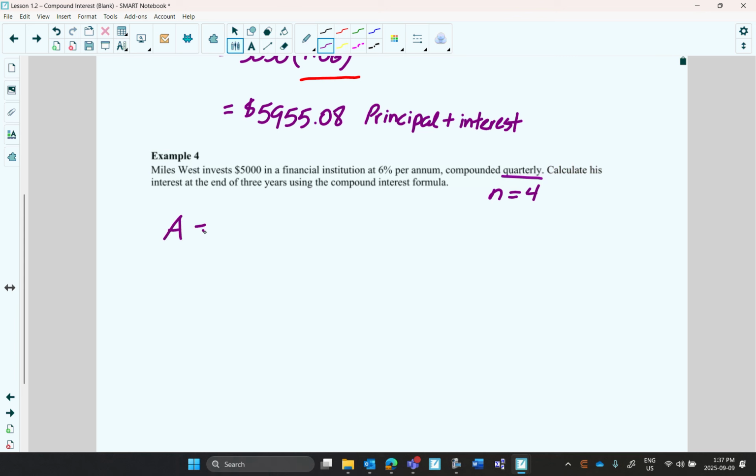The principal is still $5,000 times 1 plus the interest rate is still 0.06, but N has now changed to 4. And because N changed to 4 here, it also changes to 4 here, which is going to change our exponent.